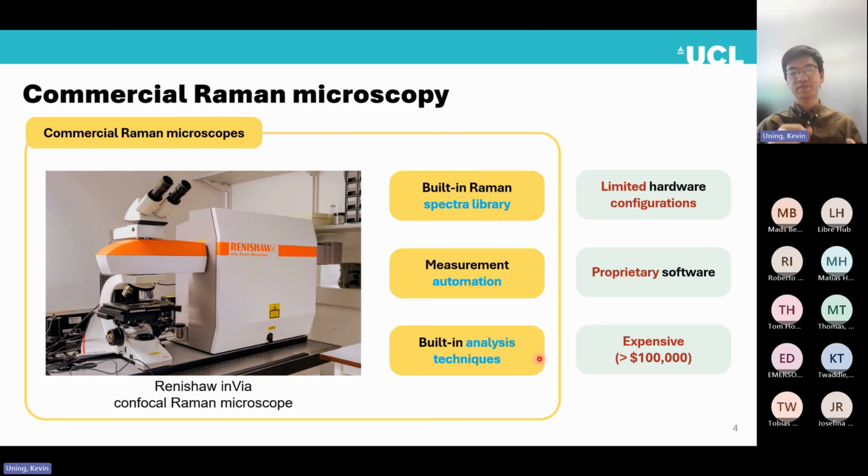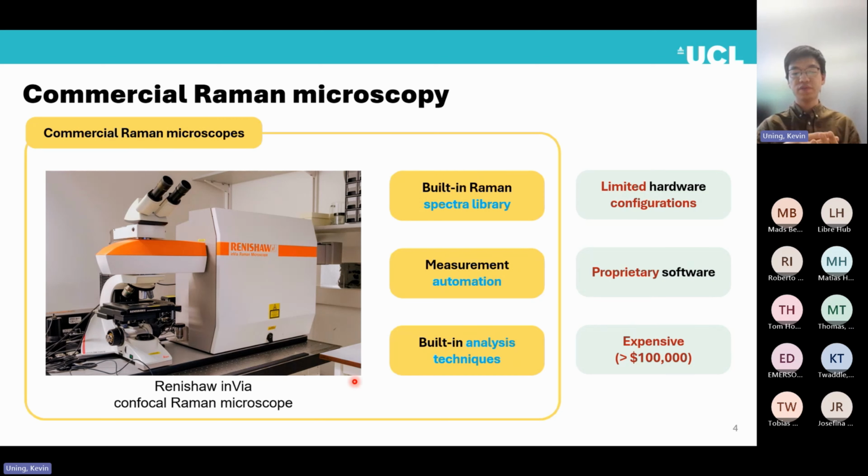Here is an example of such a system. There are currently several different manufacturers, notably Renishaw, Witec, as well as Thermo Fisher, that provide different solutions for these needs. And here is an example of a Renishaw inVia confocal Raman microscope. It is a very nice system which has a built-in Raman spectral library, automated measurements.